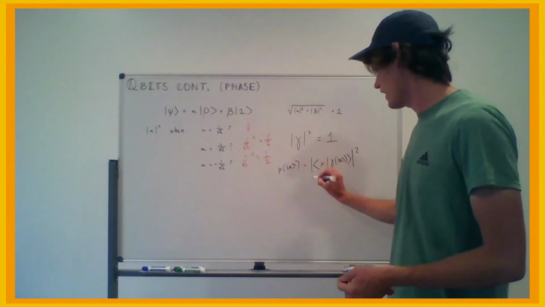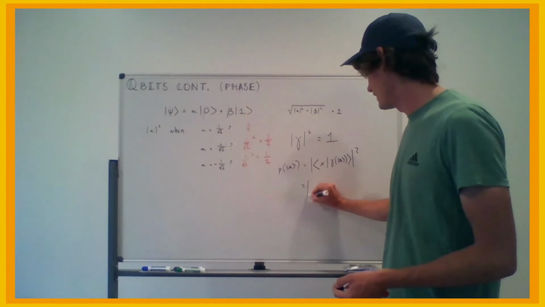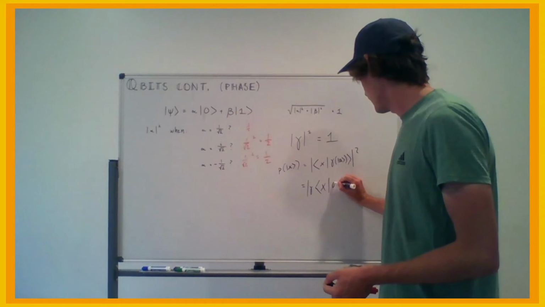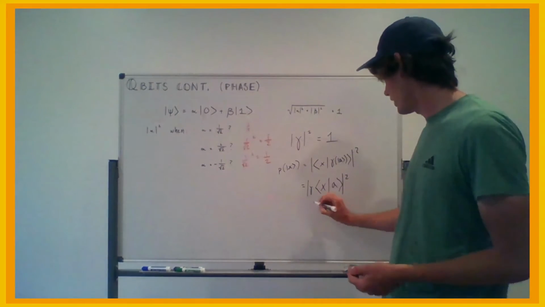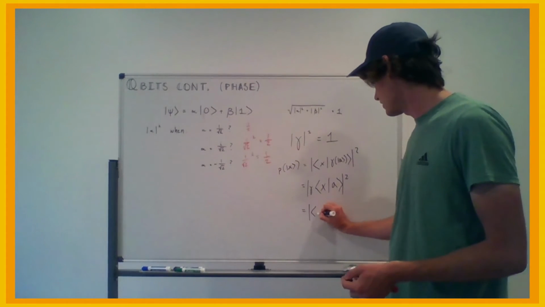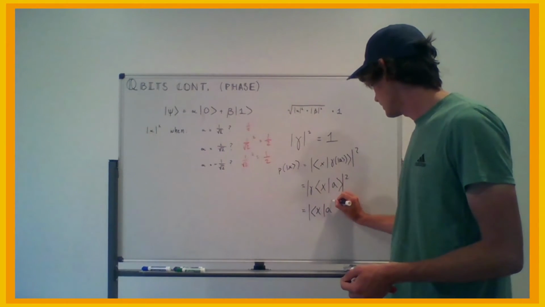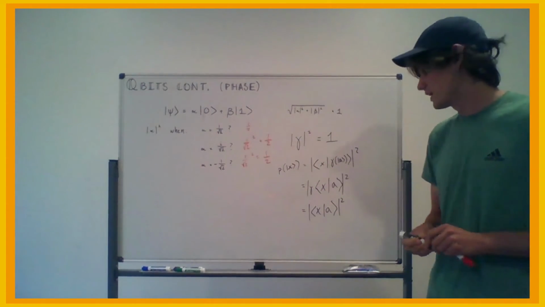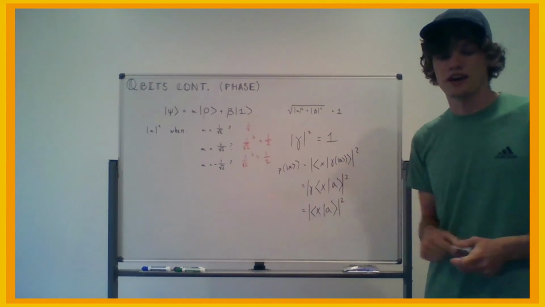Well, you can just factor out that gamma, so that now gives us gamma times x a, squared. But gamma squared is 1, so it's literally just x a squared. It's simply the probability of observing any state alpha without that global factor there.